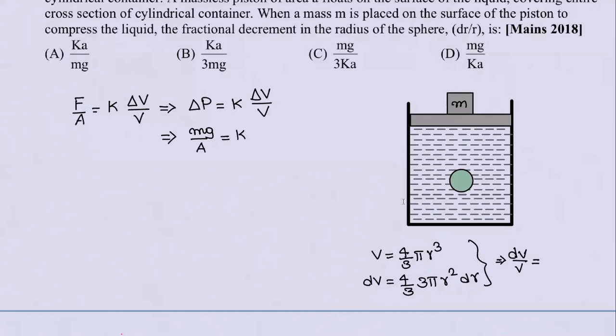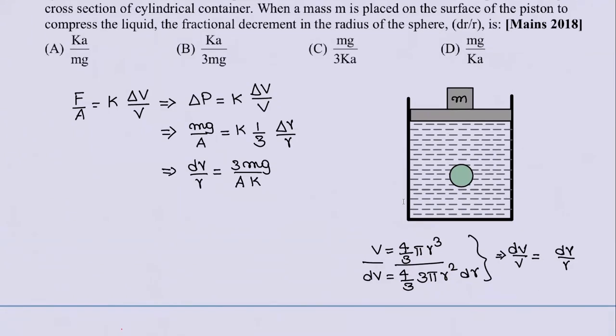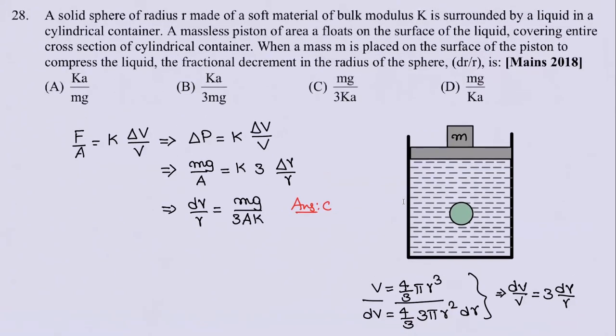Check the calculation. Then it will be 3 dr by r, so dr by r will be mg by 3AK. The answer is option C. Perfect, that's the 28th one. The core idea here is that adding mass will increase the pressure.